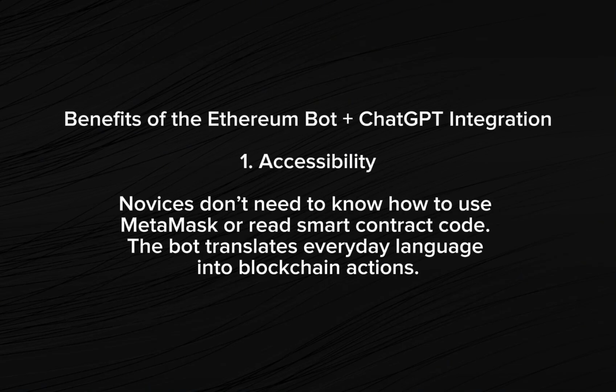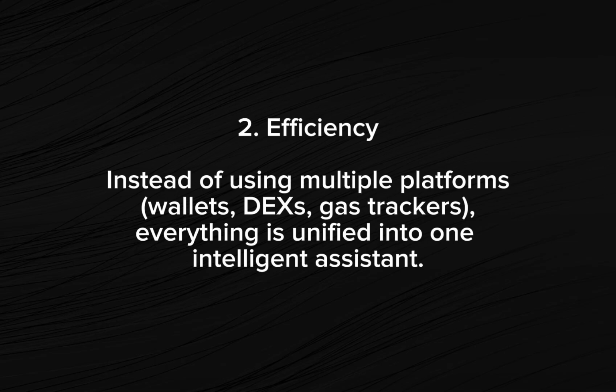Benefits of the Ethereum bot plus ChatGPT integration. 1. Accessibility. Novices don't need to know how to use MetaMask or read smart contract code. The bot translates everyday language into blockchain actions. 2. Efficiency.